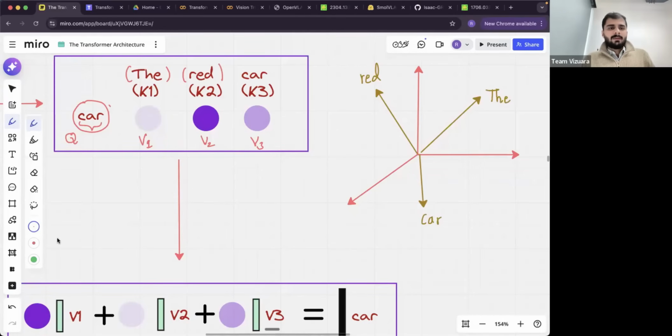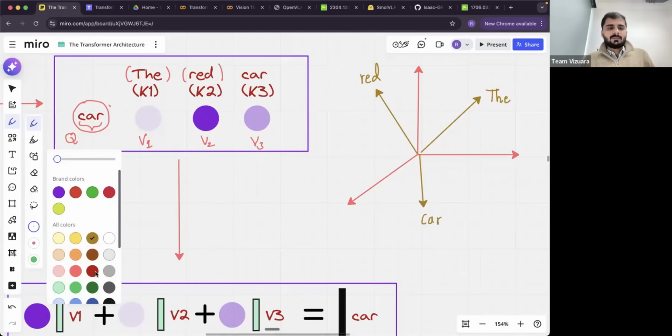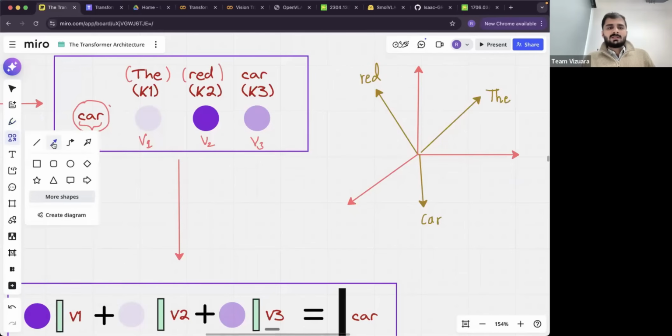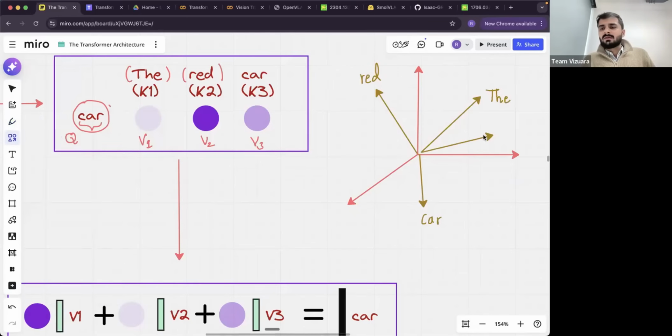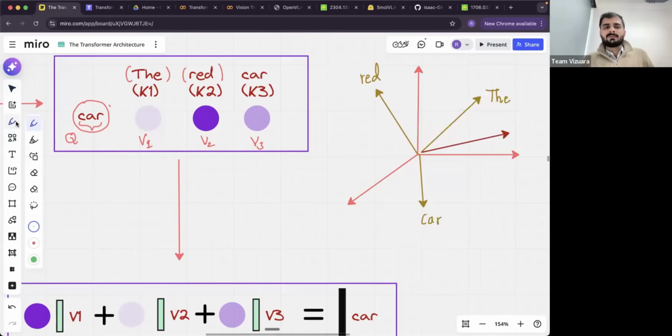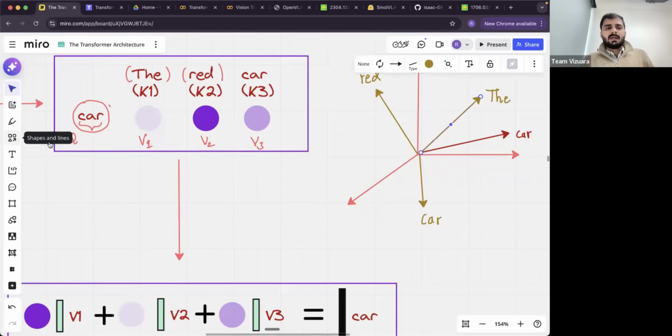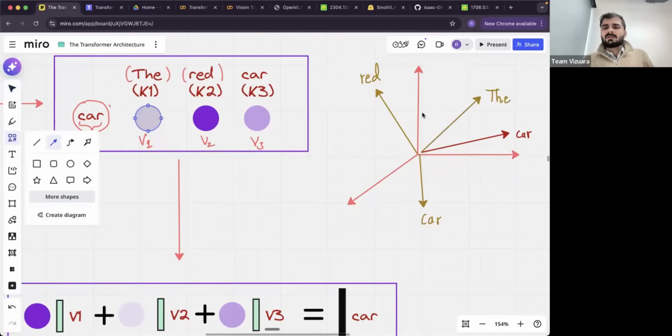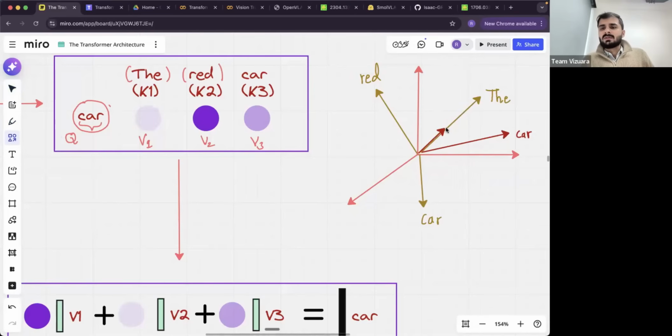Now, let's say this was our original query vector, which was coming from the decoder side. It's called car right now. How this gets transformed is you look at the first value vector and you multiply it by this attention score. So it becomes this. You look at the second value vector and you multiply it by a stronger attention score.